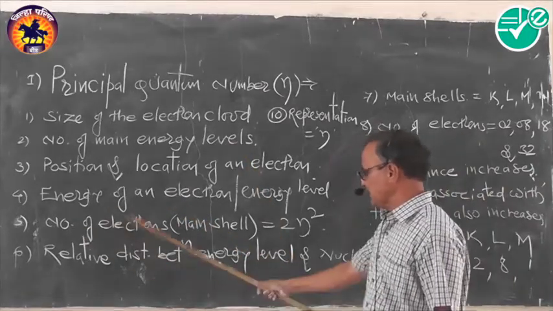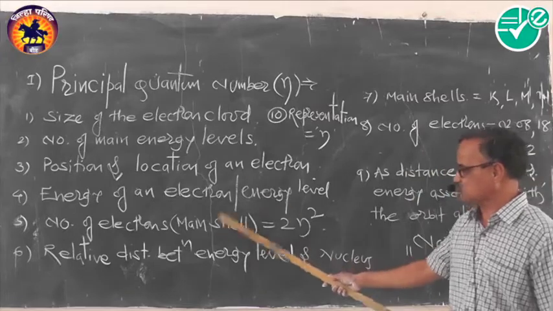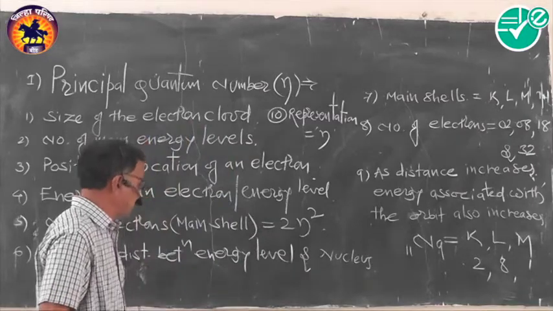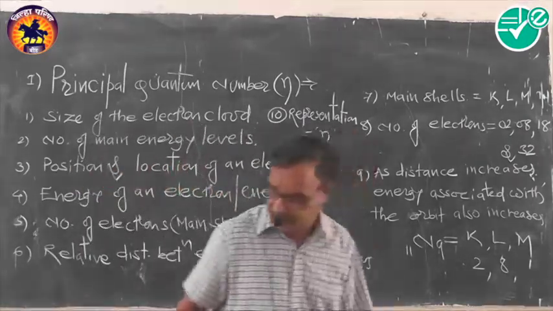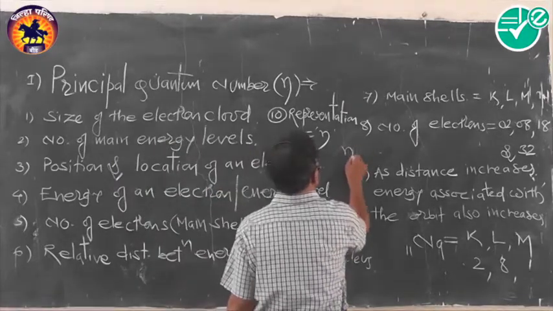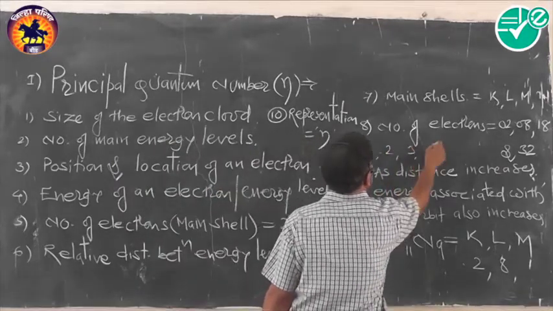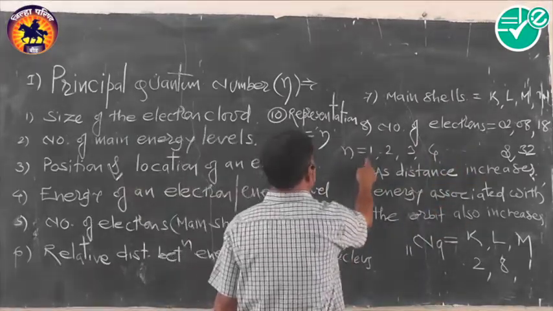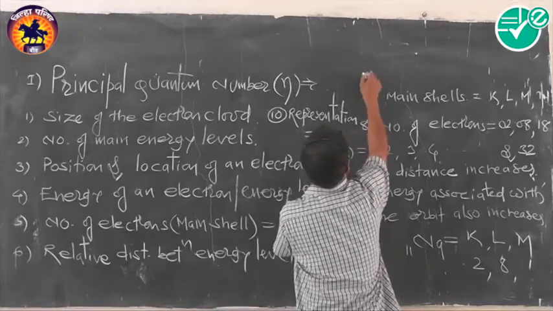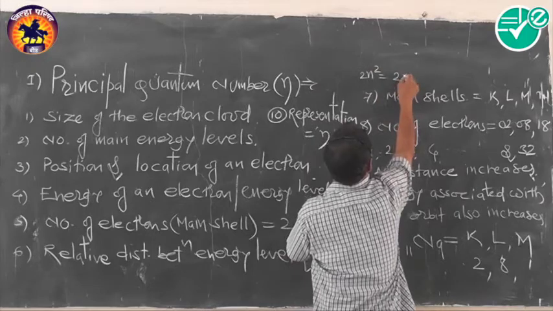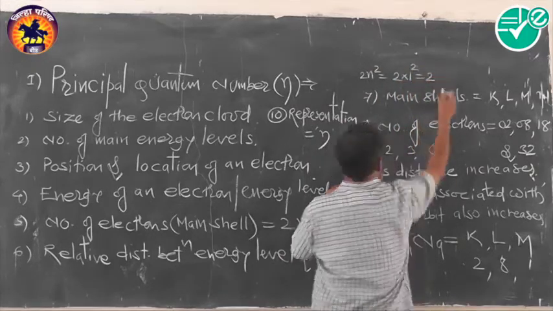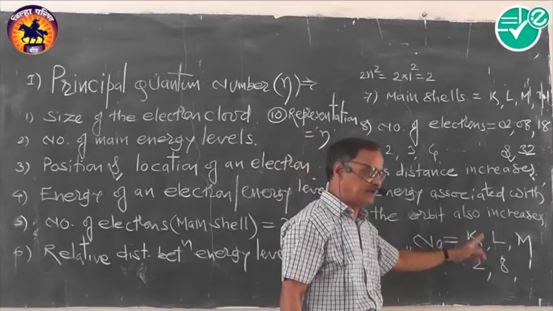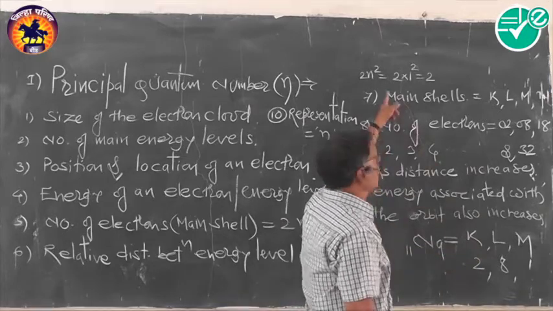The fifth point is that the number of electrons present in the main energy level is calculated by the formula 2n square, where n means 1, 2, 3, 4 and so on. When n is equal to 1, 2n square is 2 multiplied by 1 square, which is 2. So the K main energy level contains a maximum of 2 electrons.